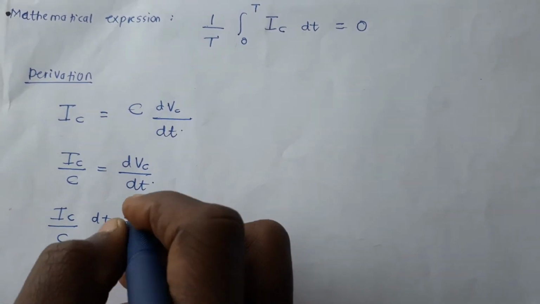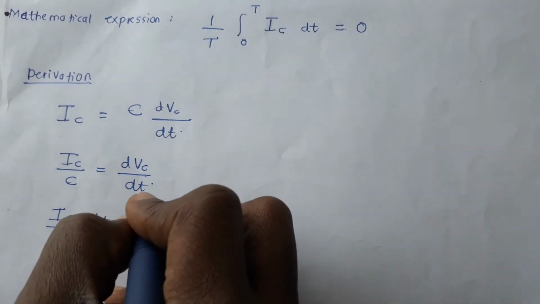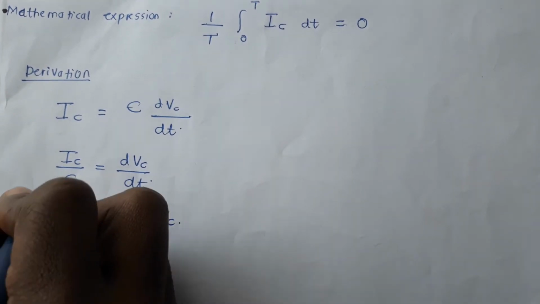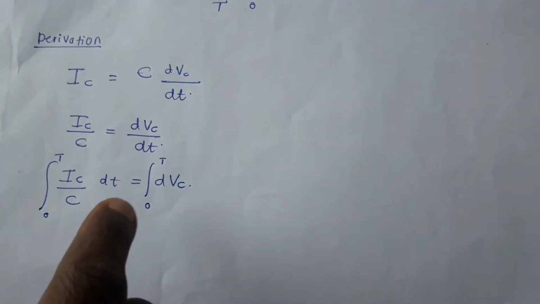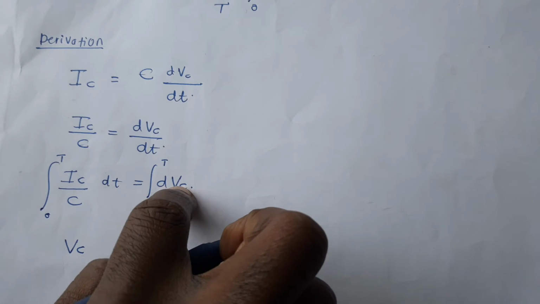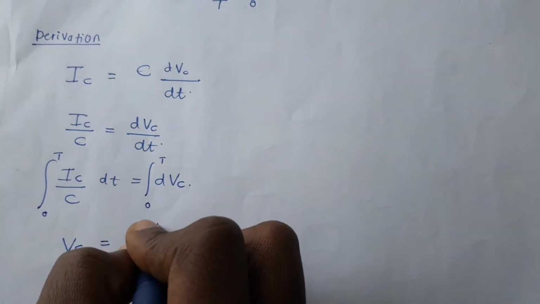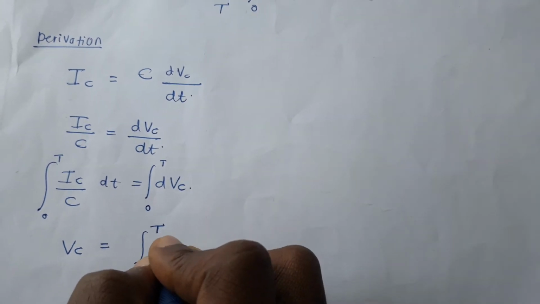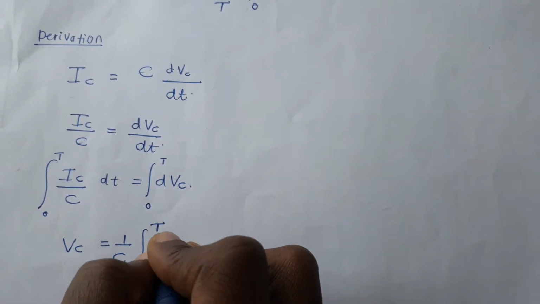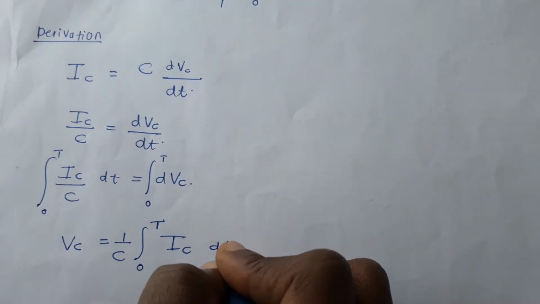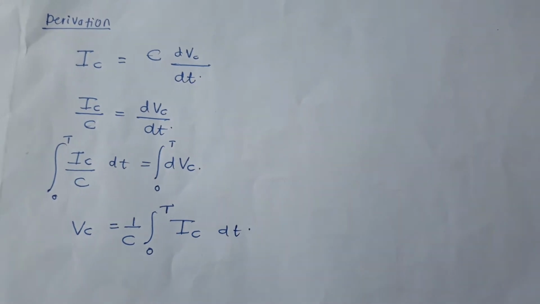Now, we can integrate both sides of the expression over a complete period. This will give us Vc, an integral from 0 to T, of (1/C) Ic dt.